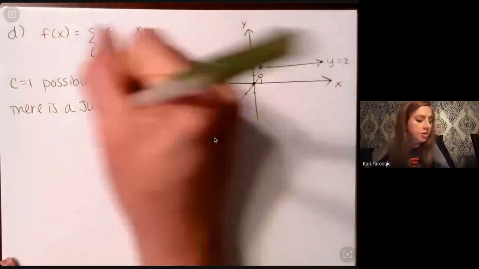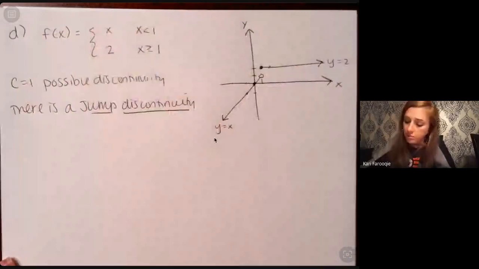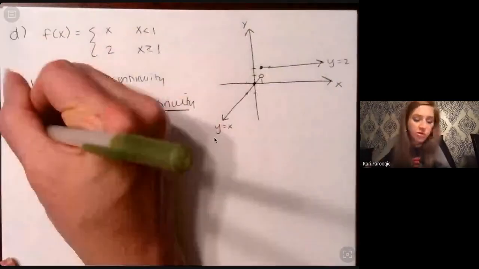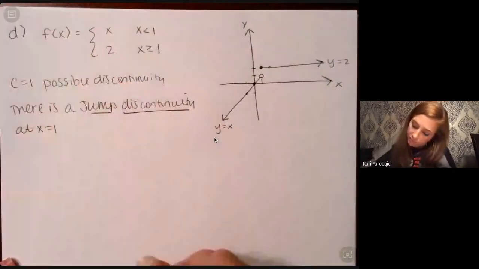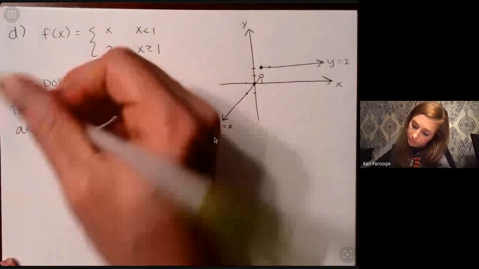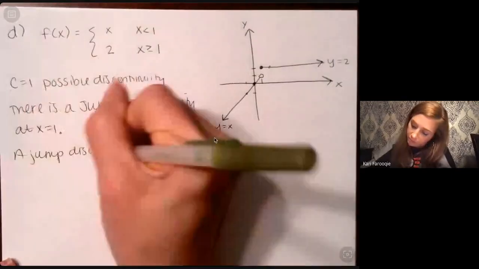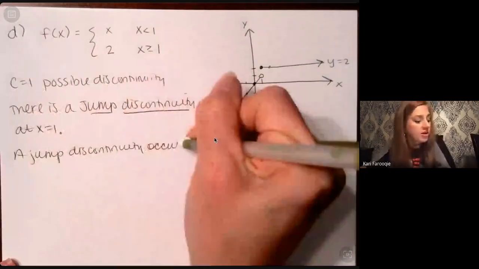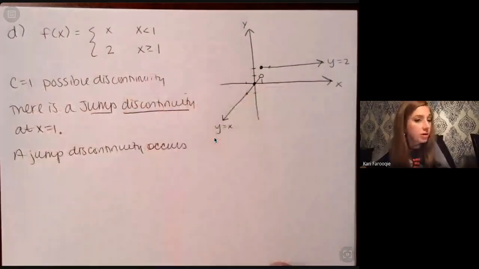So there's a jump discontinuity at x equals 1. A jump discontinuity occurs when the one-sided limits exist but are not equal.